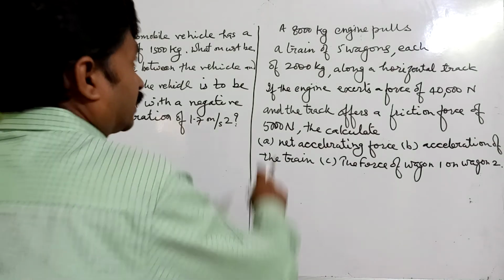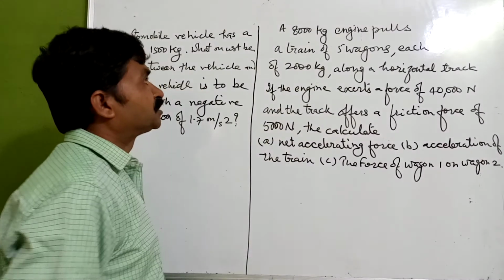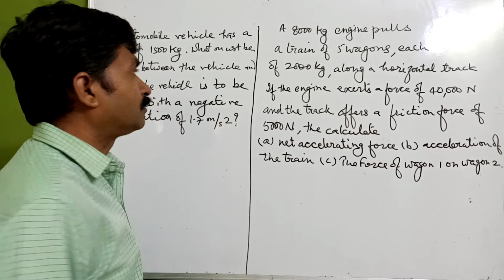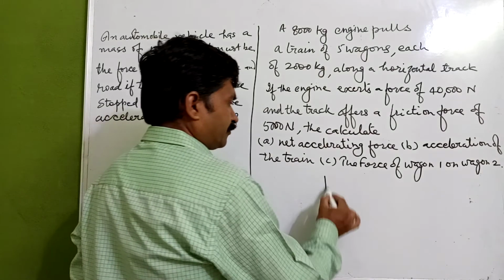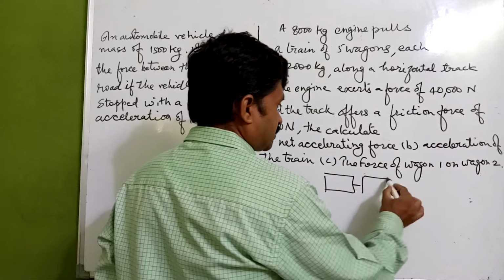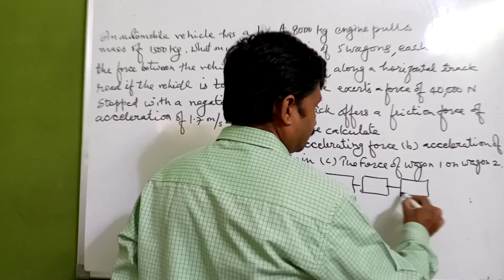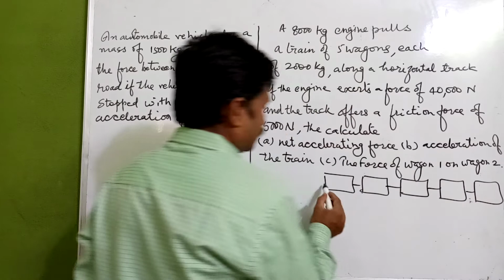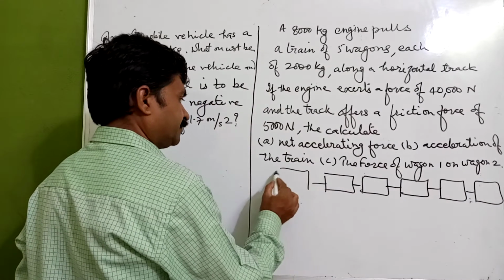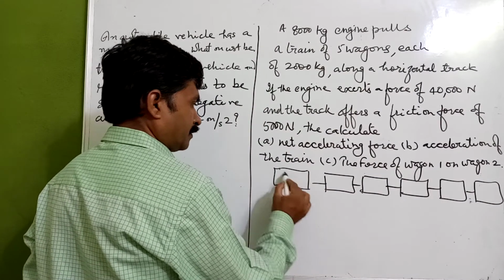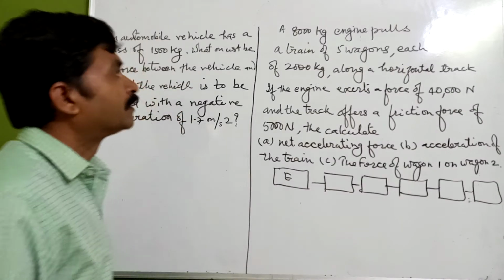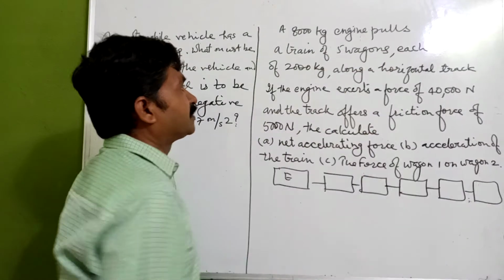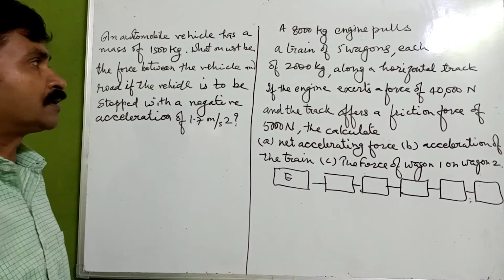Now here we have another question. A 1000 kg engine pulls a train of 5 wagons, each of 2000 kg. So here we can say these are the 5 wagons, 1, 2, 3, 4, and 5. This is pulled by an engine along a horizontal track.